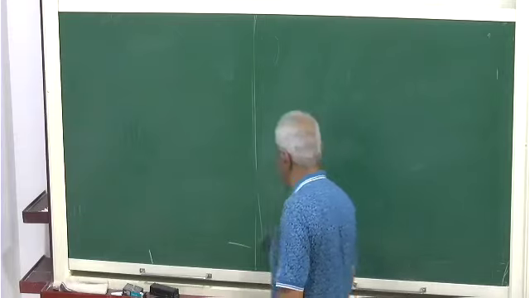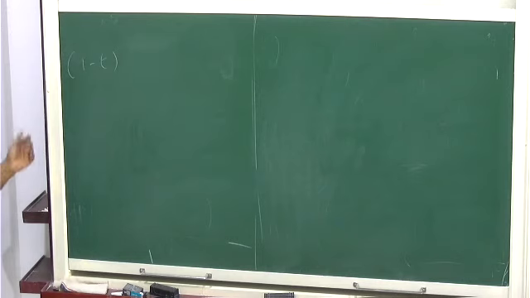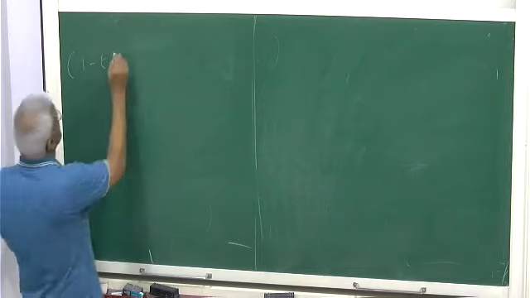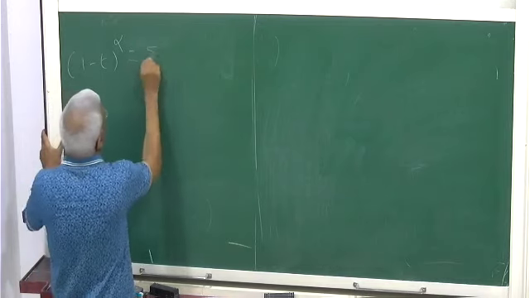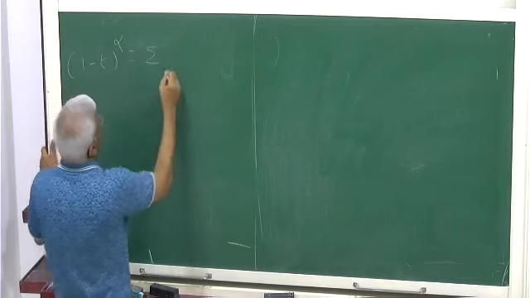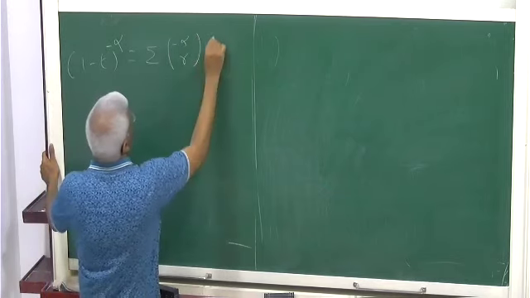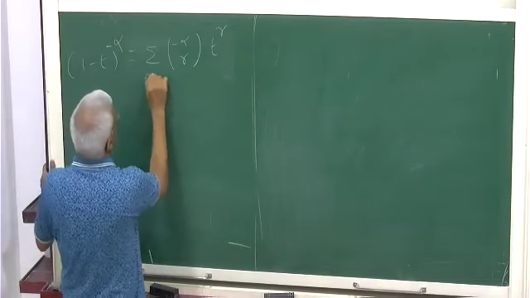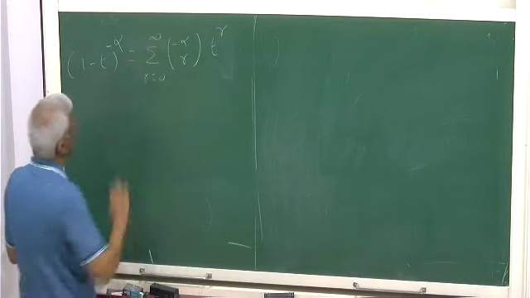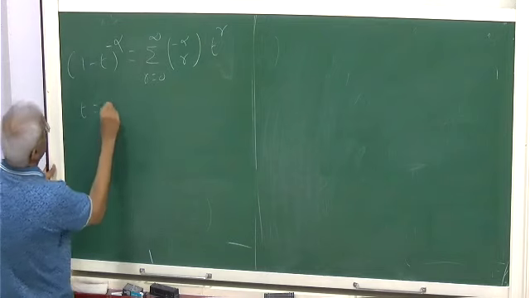You know Taylor expansion. You take the derivative at 0, the nth derivative, and then write that formula. So 1 over 1 minus t power alpha, that is, 1 minus t power minus alpha, will be the summation over r from 0 to infinity of minus alpha choose r, t power r, very similar to the binomial. Now take t equal to 1 minus p.